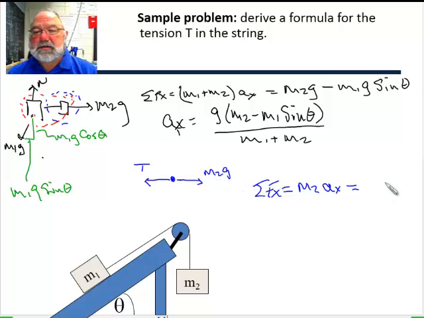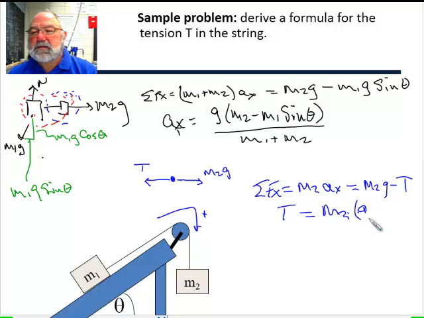In the positive direction we have m2g, and it's positive because at the outset we said that this was the positive x direction, minus tension. So I have tension is equal to m2 times g minus the acceleration in the x direction.